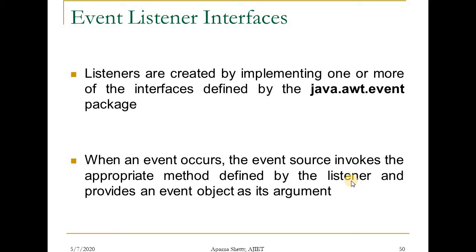When an event occurs, the source will invoke the method of the listener, and to that method it will pass the event object as the argument. So this is basically about event listeners.